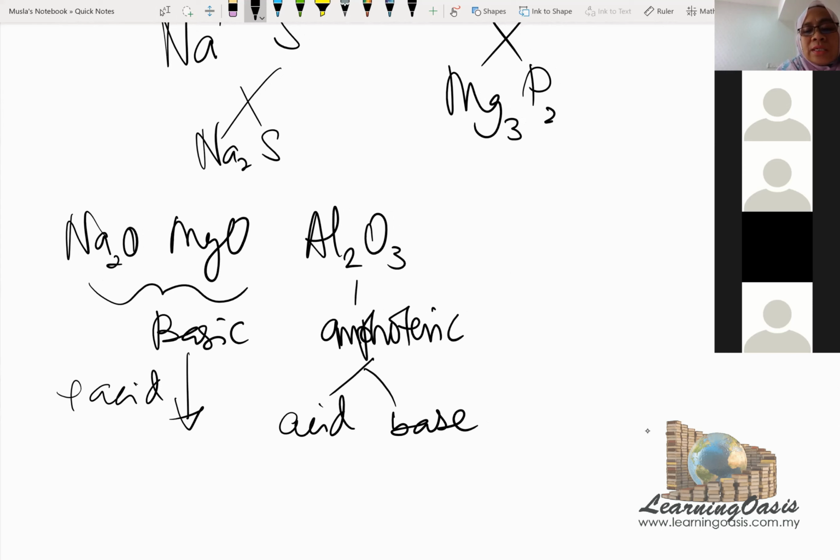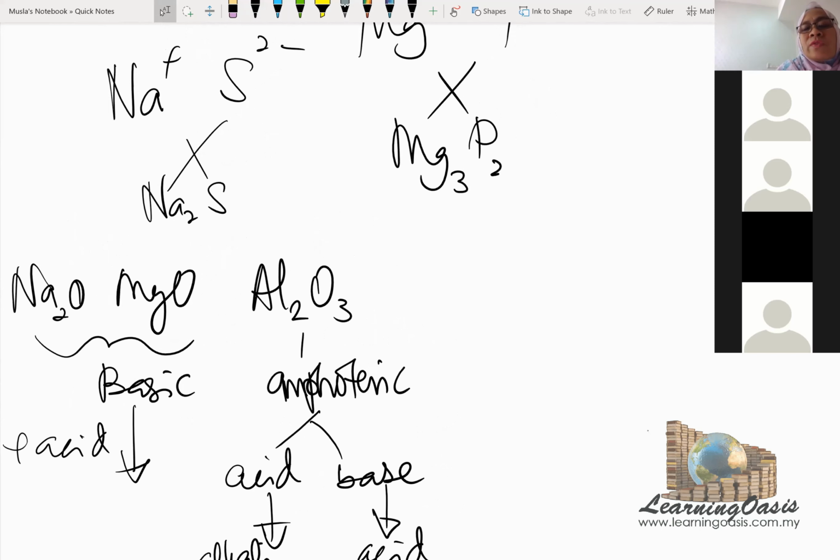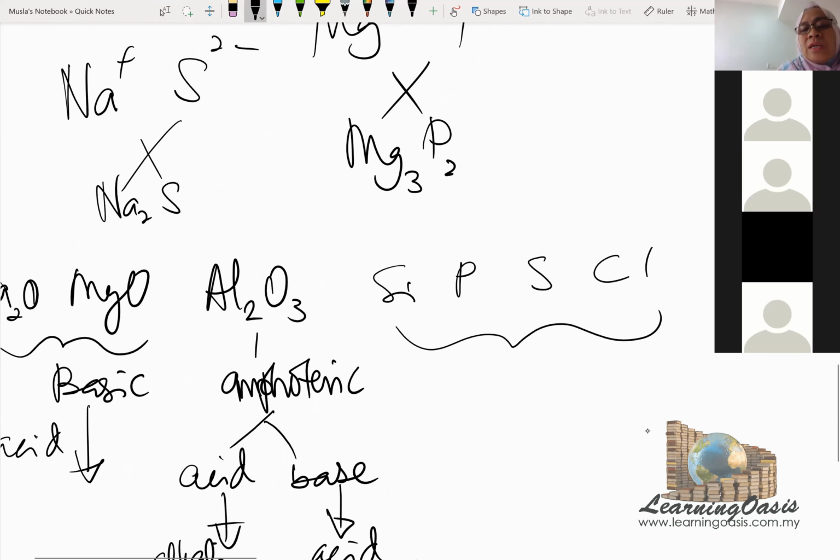You add alkali, it dissolves. You add acid, it also dissolves. And the oxides of silicon, phosphorus, sulfur, and chlorine are all acidic. They dissolve in alkali.